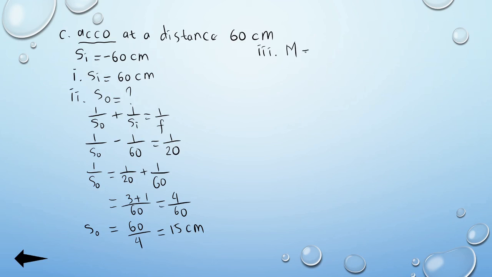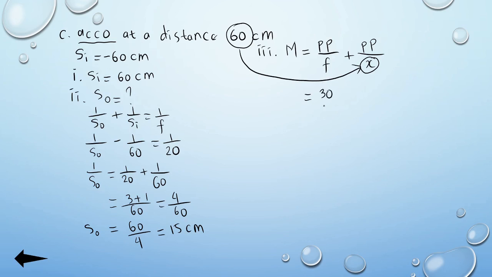So, the correct equation to calculate the angular magnification for this condition is PP over F plus PP over X. The X here is the 60 centimeter. So we can substitute X with 60 centimeter. PP equals 30 centimeter.